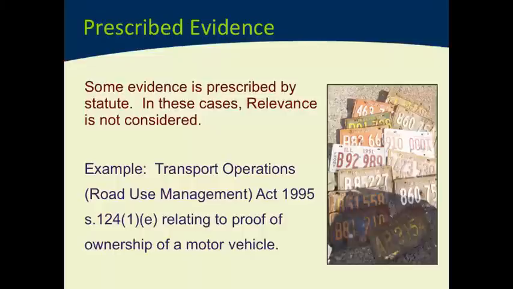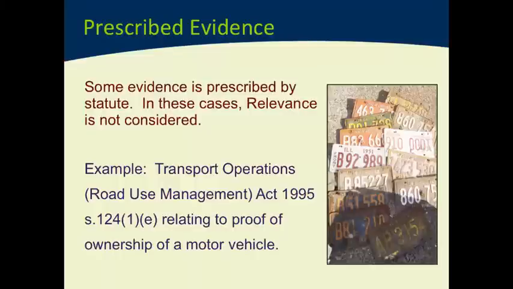But by and large, if the police, for instance, want to prove that a particular motor vehicle that's, say, been used to courier drugs is owned by a particular person, they're not actually going to have to show any title documents relating to the car. All they're going to have to show is that the car is registered to that person, and the court will then take that as evidence that shows that that car is owned by that person. So you can see the question of relevance never comes into it.